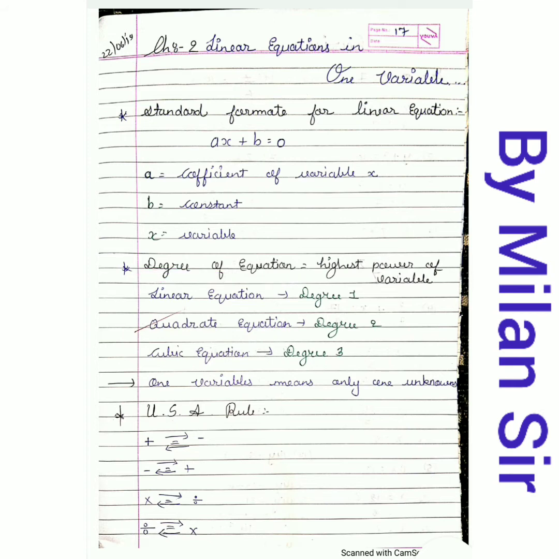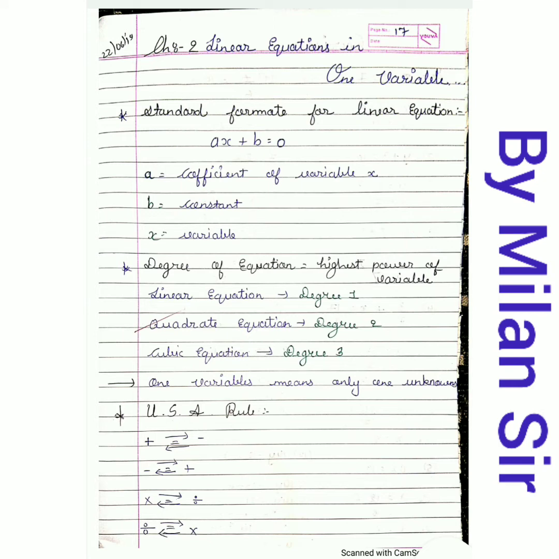Degree means the highest power of the variable. Here we only have one variable x, so the highest power of x, or of the variable, is the degree of the equation.